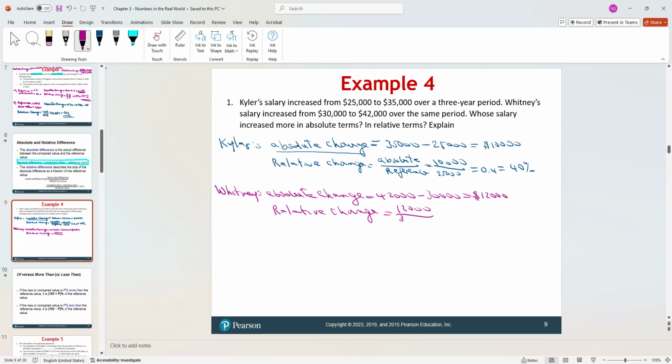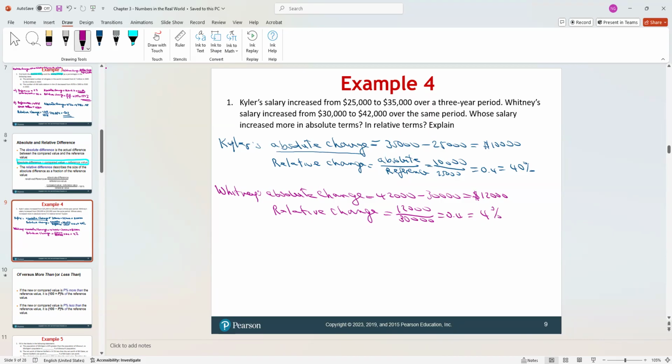That means the starting salary. When you do 12,000 over 30,000, that gives you still the same 40%. So you see the absolute change is different, but the increase is the same.